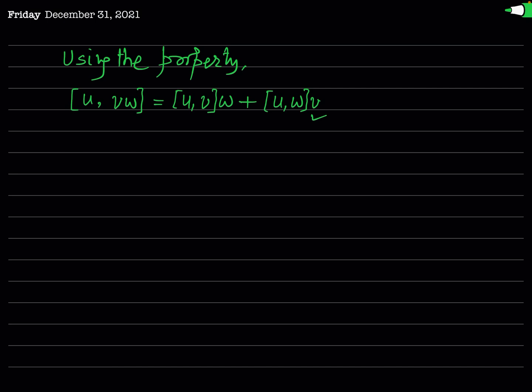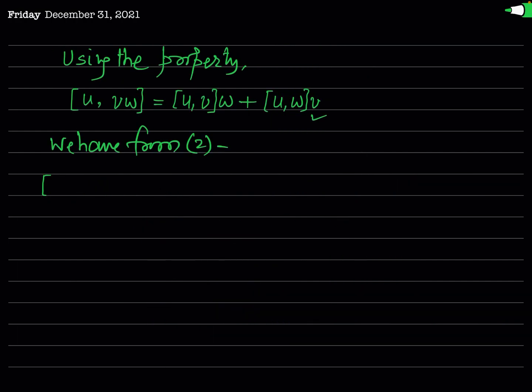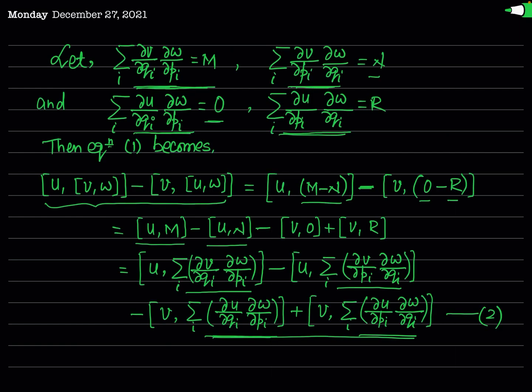So using this property, from equation 2, you can see in LHS of equation 2 there is Poisson bracket of U with Poisson bracket of V and W. Poisson bracket of U with Poisson bracket of V and W. And minus, what is the second term?